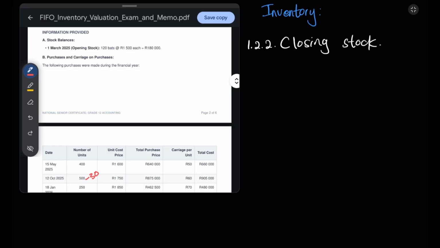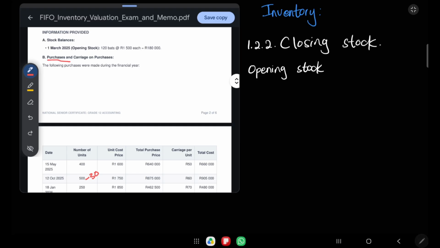And to find this, let's look at our information. We have A, which is opening stock. We can start with our opening stock. Then we have purchases and carriage on purchases. So we can start with our purchases.